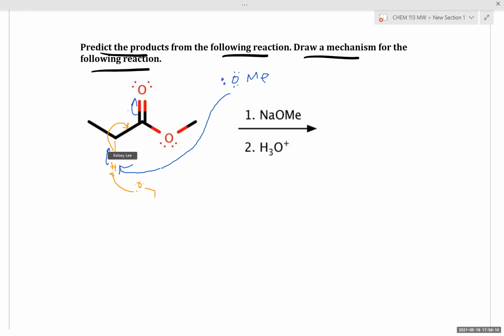And now there's plenty of space on 2 sides of the whiteboard. So if you'd like, both of these students can continue their mechanisms on the left and right-hand side of the whiteboard, since it's great to see multiple students sharing their responses. So we deprotonate our alpha position and we make an enolate.